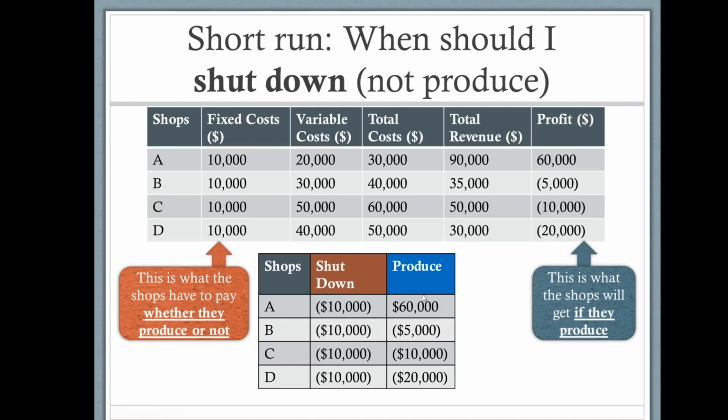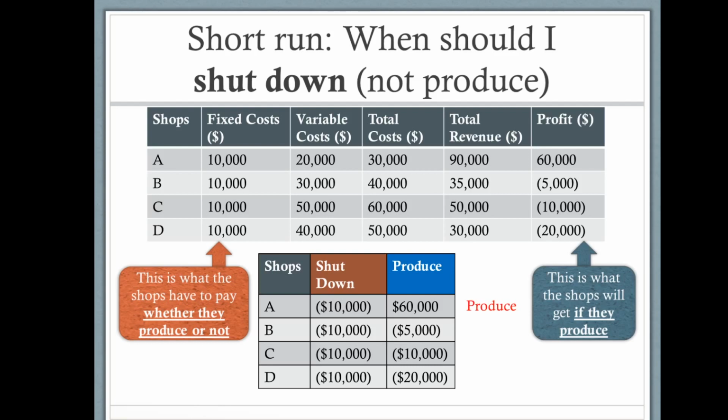And if A decides to produce, they are going to earn a $60,000 profit. So obviously, what do you think? Should A produce or not? Yes, produce, right? So for A, of course they are going to produce.